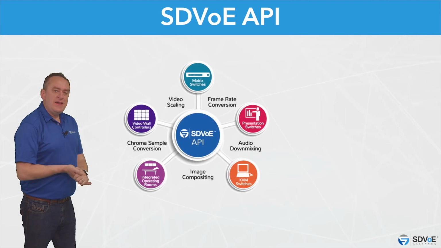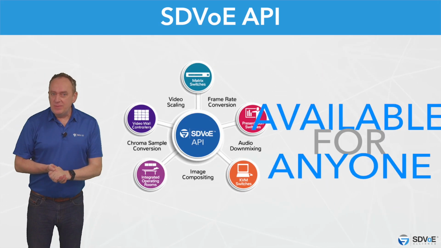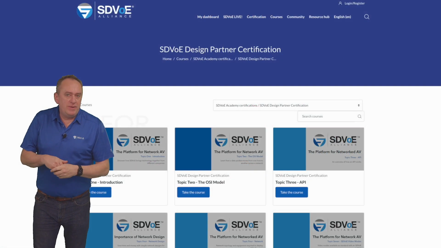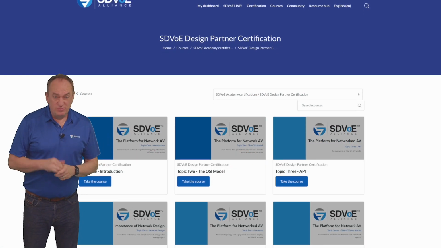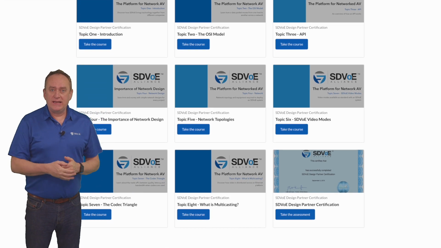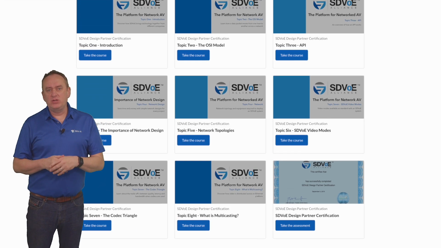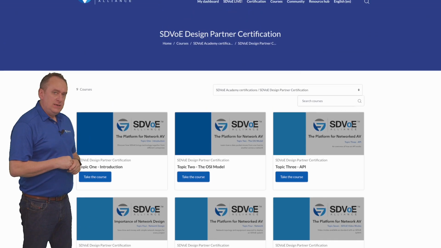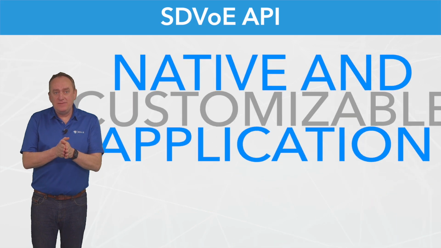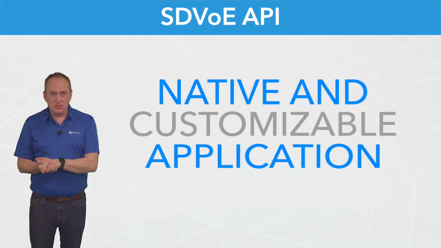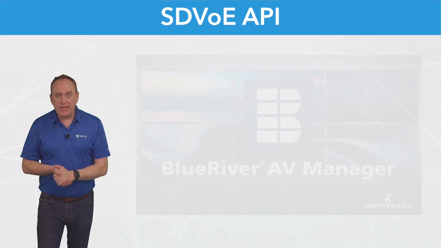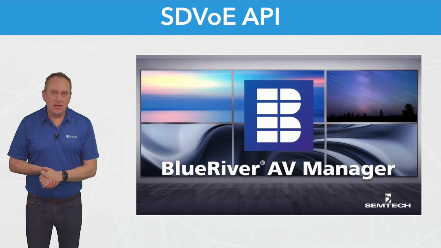Today, the SDVoE API is available for anyone to download and develop with. Simply become an SDVoE certified developer, which is free and earns you CTS renewal units, and you'll get access to build your own fully interoperable software. And for those of you interested in trying out SDVoE with a native and customizable application built exclusively on the SDVoE API, check out the BlueRiver AV Manager.